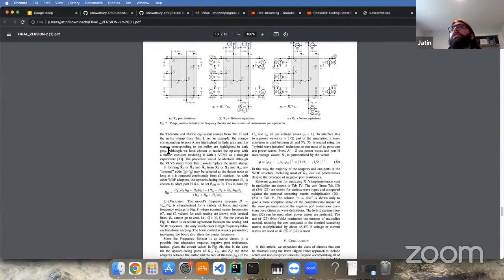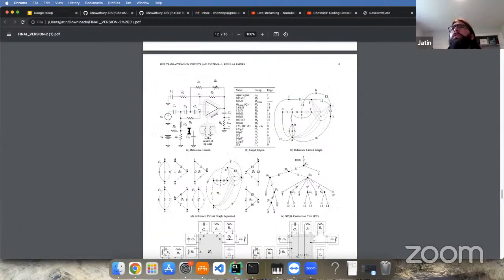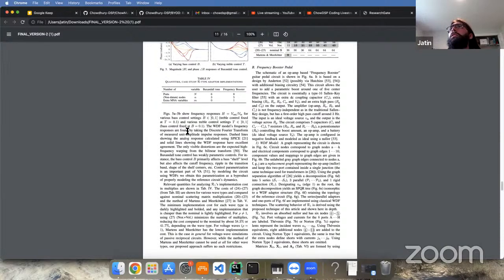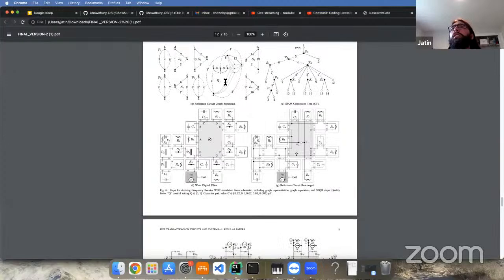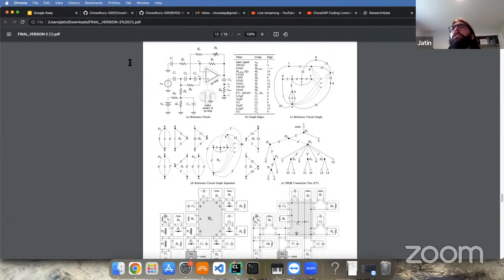What was the other circuit that they did? So they did the Baxandall EQ, and then they did a frequency booster, which I think is kind of like a Rangemaster. Figure 6A. Oh, okay, no, it's just like a linear filter.